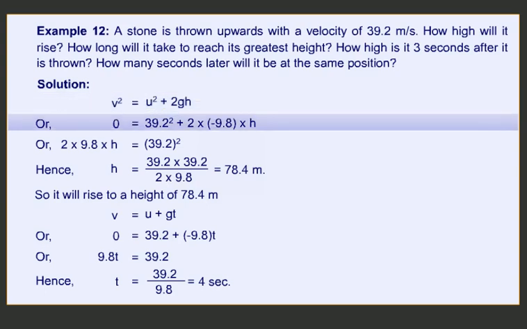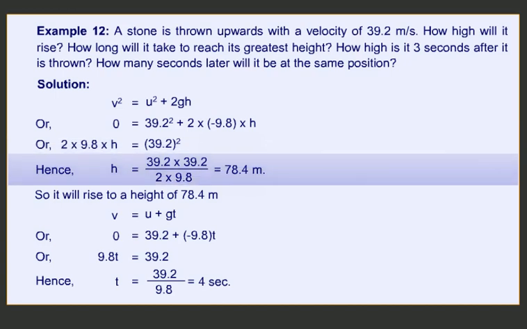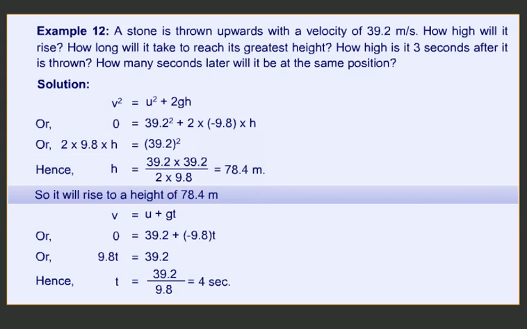So we write 0 is equal to 39.2 square plus 2 into minus 9.8 into h, or 2 into 9.8 into h is equal to 39.2 whole square. Hence h is equal to 39.2 into 39.2 divided by 2 into 9.8, which gives us 78.4 meter. So it will rise to a height of 78.4 meter.